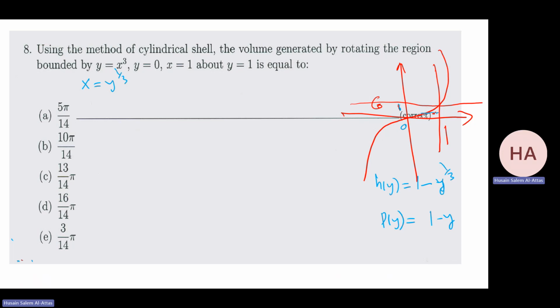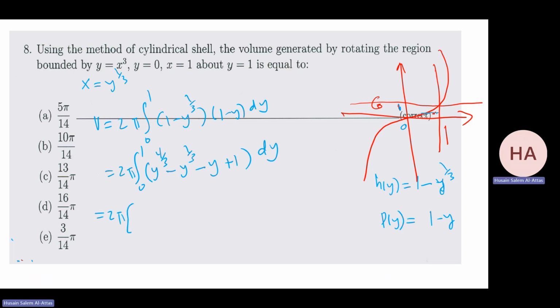From 0 to 1, the y values from 0 to 1. So the volume will be 2 pi, 0 to 1, this function times this function dy: 2 pi, 0 to 1, of y to the power 4/3 minus y to the power 1/3 minus y plus 1 dy.